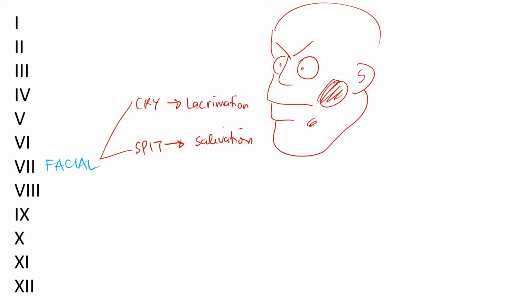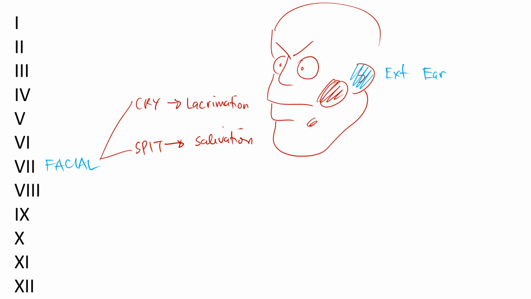Okay? So if you're sad, you show the facial expression of sadness, that's facial nerve. You also cry, that's lacrimation, again facial nerve. You're so angry, you have your angry face there. You're so angry, you spit at your opponent, salivation, that's basically facial nerve function as well. Now, sensory wise, I've already mentioned it before, areas in your external ear.